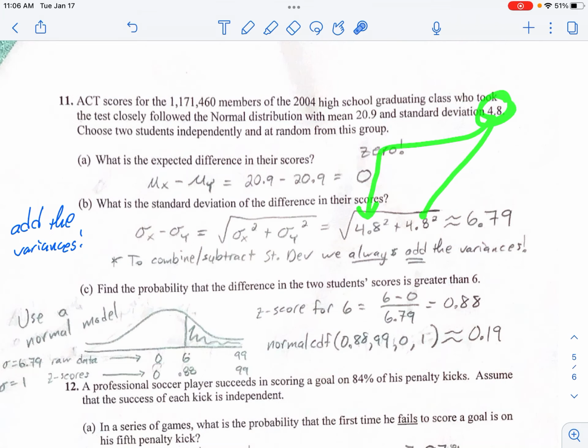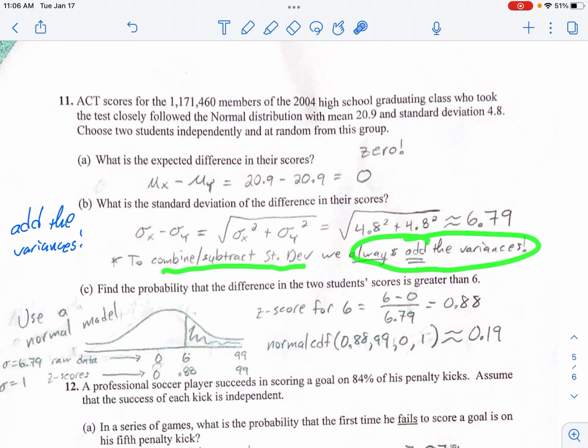Each kid, 4.8, 4.8. You have to square them because when you square them, that makes it a variance, okay? And then square root it when you're done. Two combined standard deviations, always add the variances, okay? And then square root it back to make it back into a standard deviation.